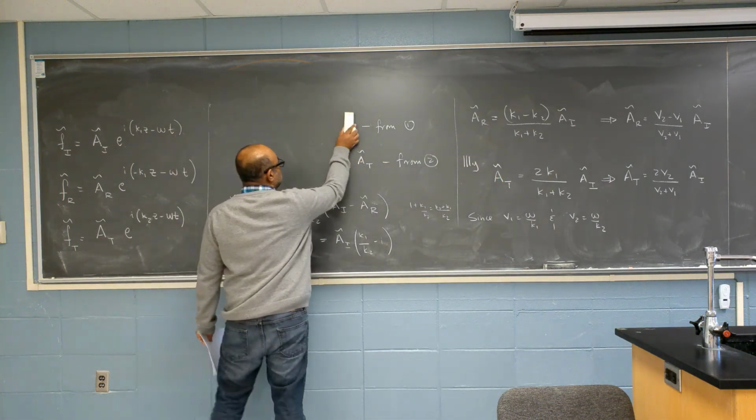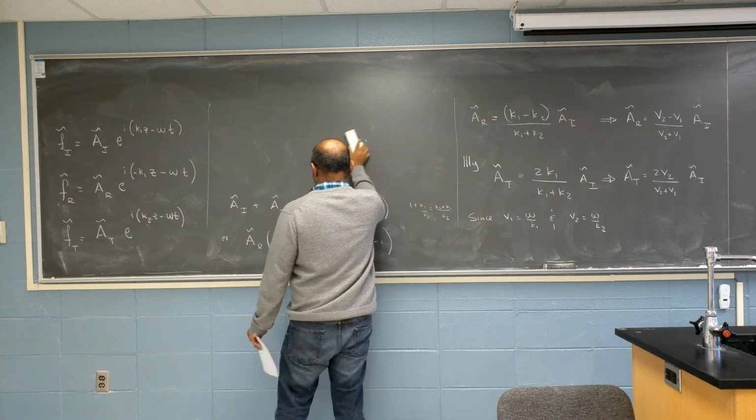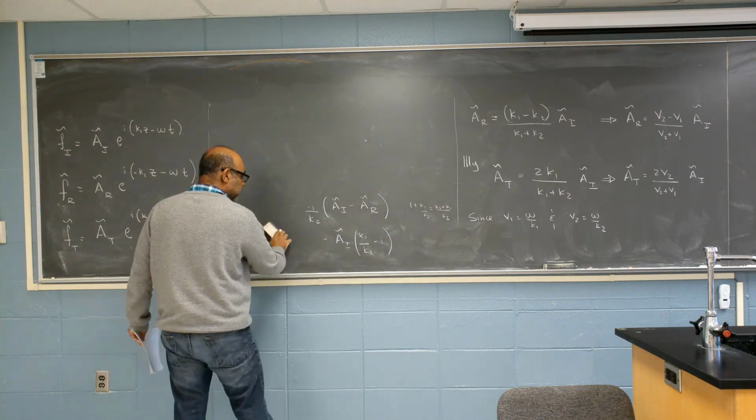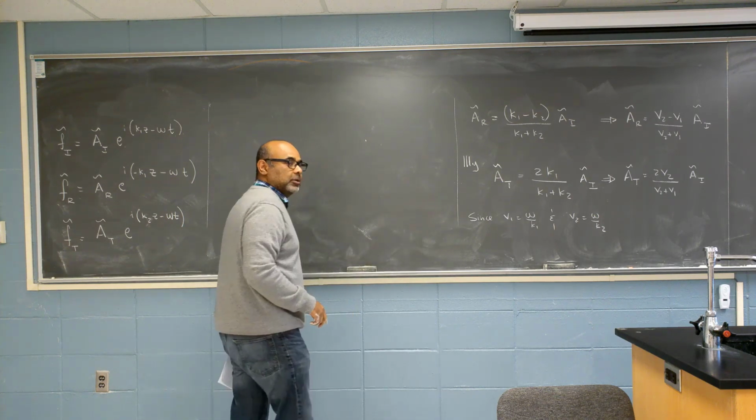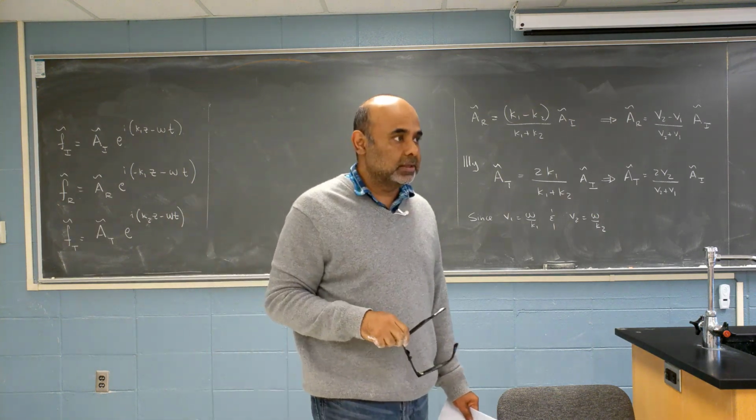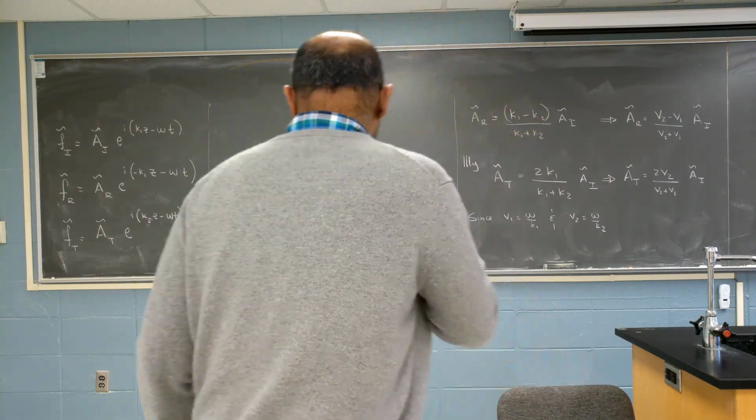Now comes the interesting part. We have to get the actual amplitude, and more than that, I need to get the real amplitudes. I don't care about those complex things. I want to know what the wave is doing.